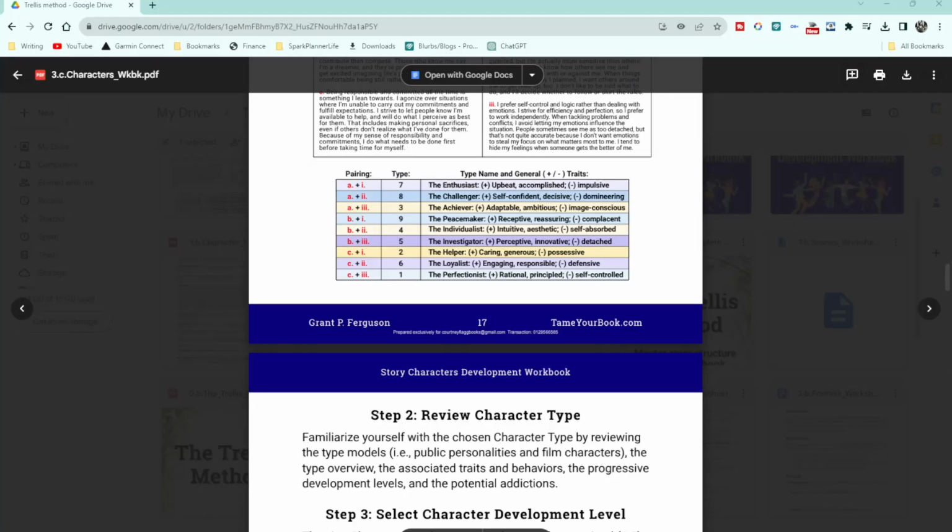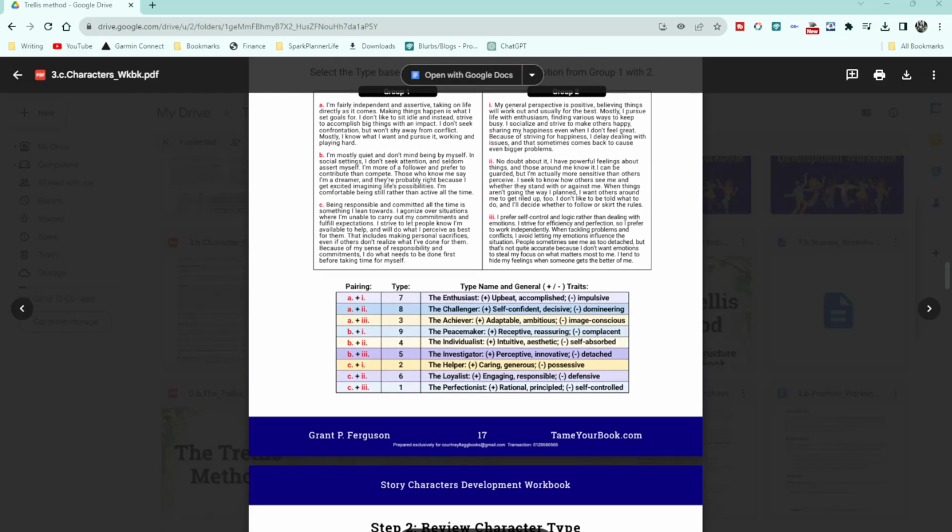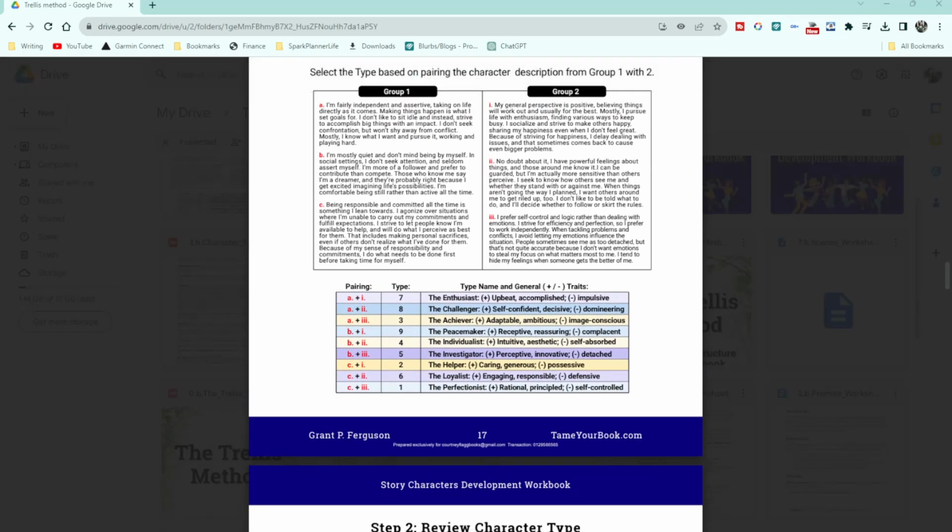Going over the section here about what type, I don't quite know what Emma would fall under.